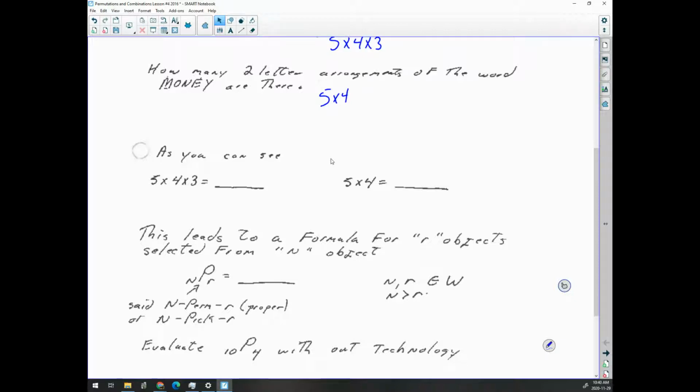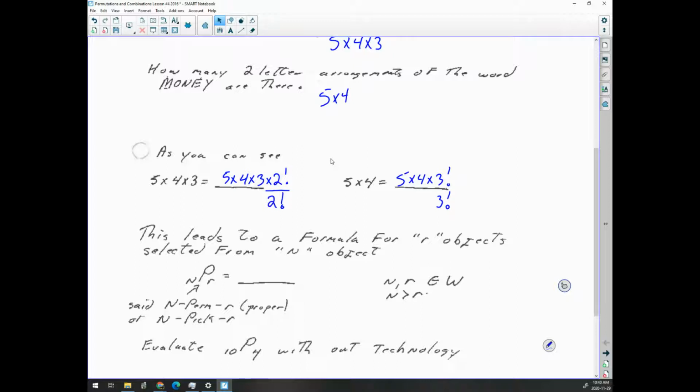You can look at this as 5 by 4 by 3 by 2 factorial over 2 factorial. Over here, we have 5 by 4 by 3 factorial over 3 factorial. Now, why would I want you to write it out like that?